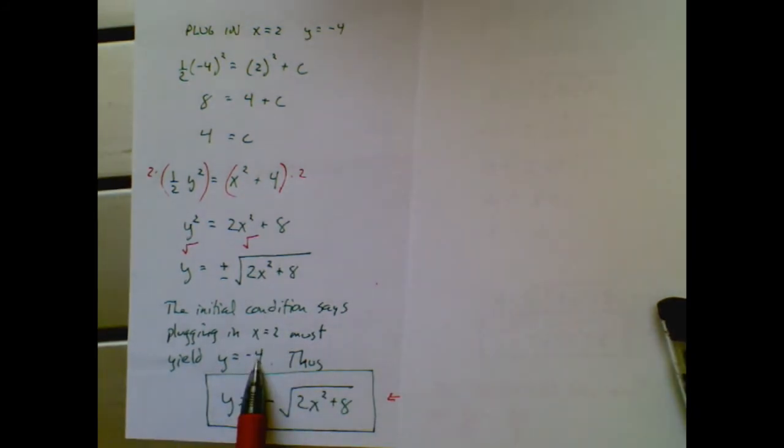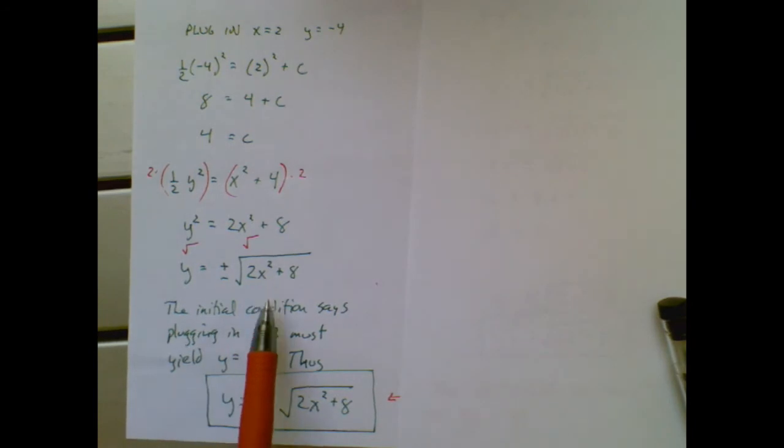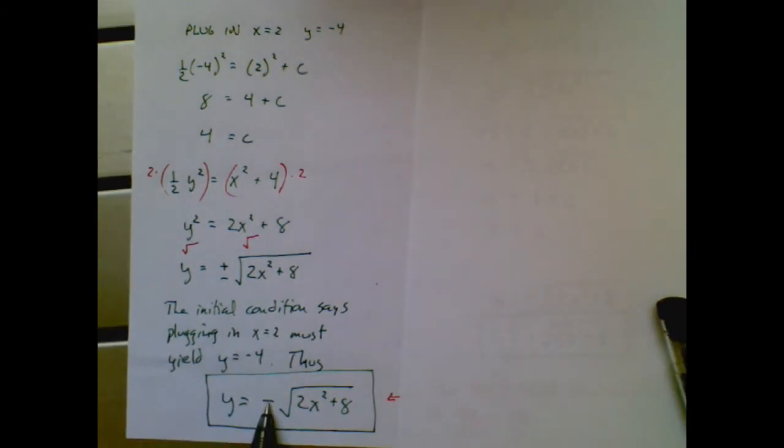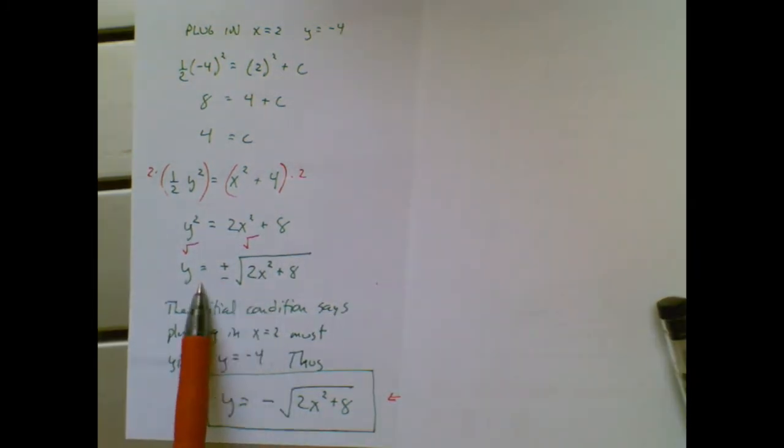But I'm supposed to get a negative 4. So the plus or minus square root of 16 has to be just turned into a minus square root of 16, which is really the negative 4. Long story short, because of this initial condition, this final answer is more precise and actually accurate by just choosing the minus.